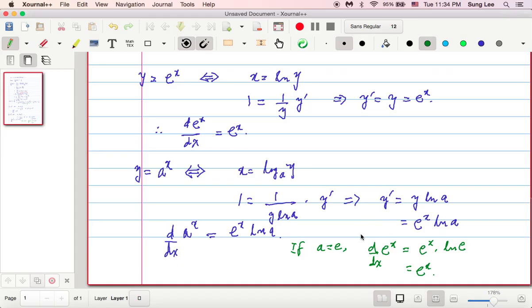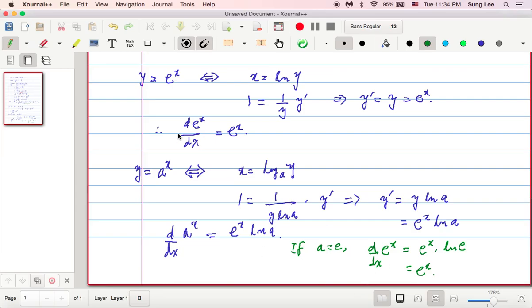So totally independently, we can find all of them, including when a equals e.